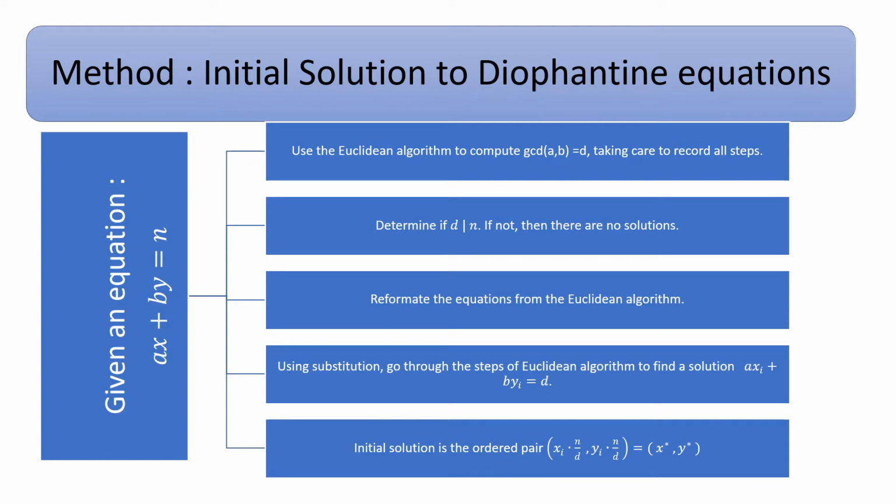Then we can reformat the equations we get in the Euclidean algorithm, and using substitutions we can get a solution for the equation a xi plus b yi equal to d. So the initial solution will be x star, y star, which is xi times n by d and yi times n by d.